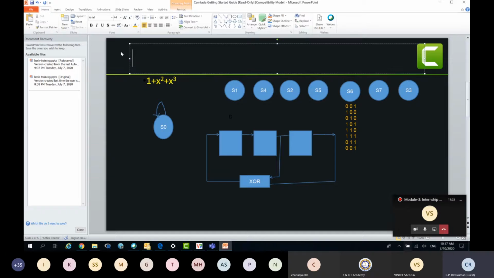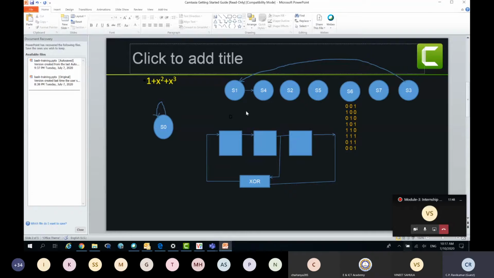So there are 2 to the power n possible states, and we are cycling through all of them. I'm not drawing the arrows here. It's a painful experience to draw all the arrows, but all these arrows are there, and the last arrow is from here to here. So that is the state diagram.